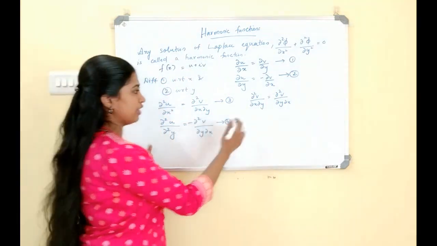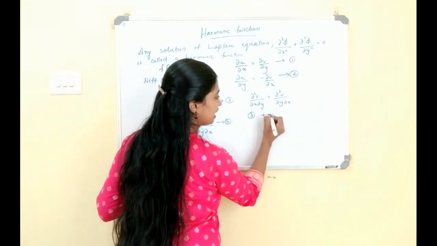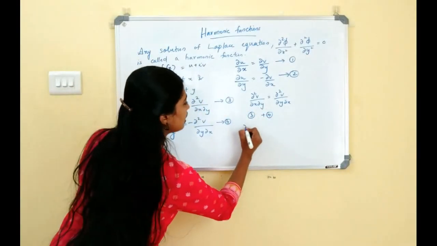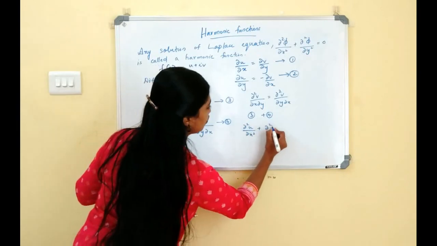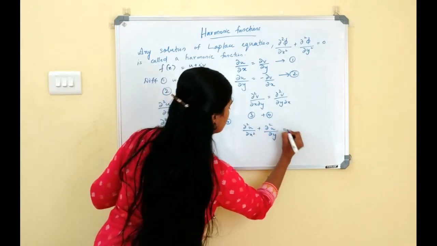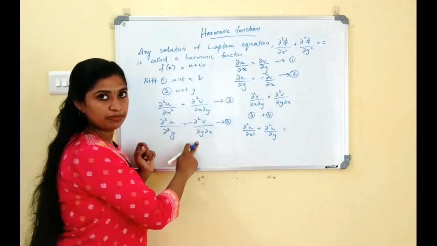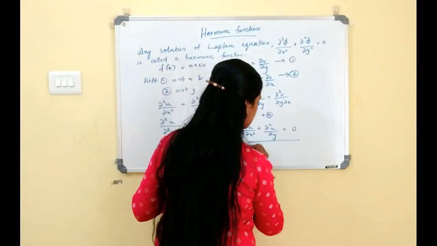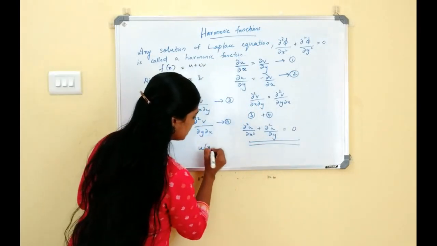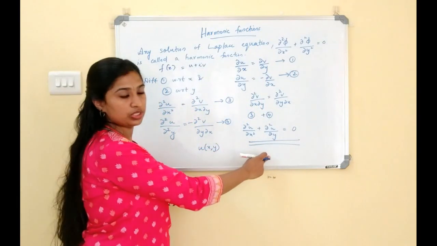Then adding equation 3 and 4, we will get ∂²u/∂x² plus ∂²u/∂y² is equal to, both of them are same, so on adding we get 0. So we can see the function u of x y satisfies Laplace equation.